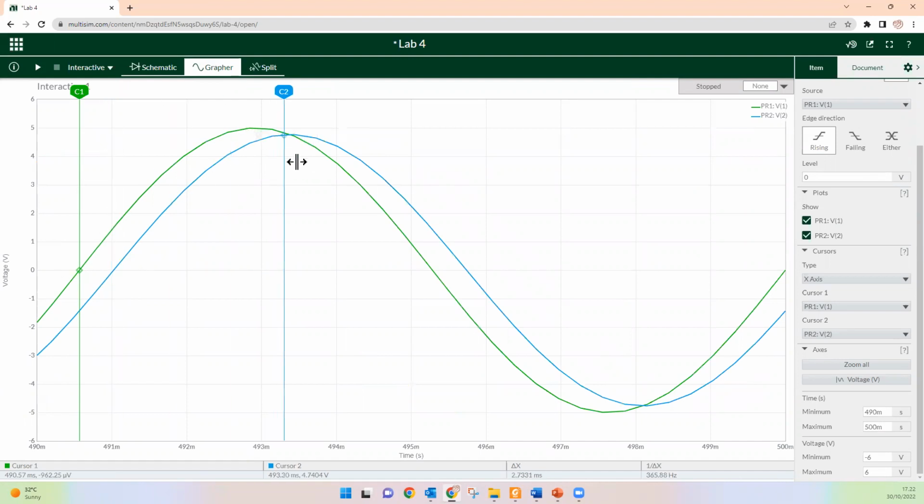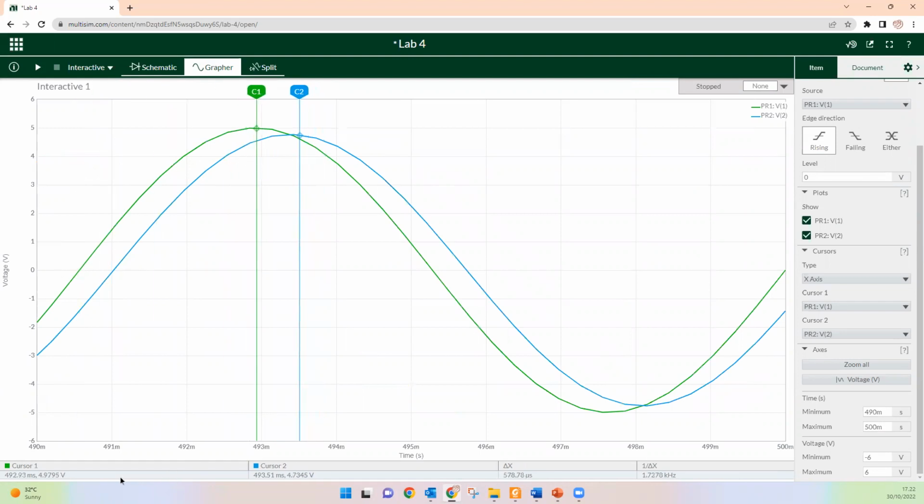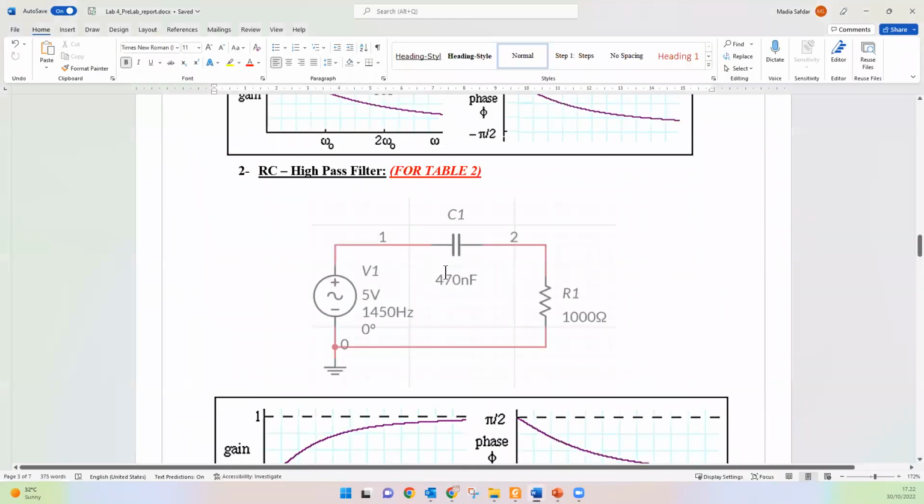You can take that with these two cursors, so that you will get both input and output values. That's it, and you will do the same thing for the high pass filter.